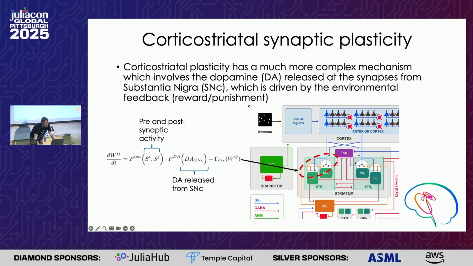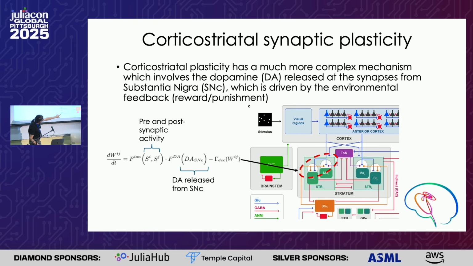And then you also have plasticity in these connections here. So that essentially learns. This is the dopamine interaction.